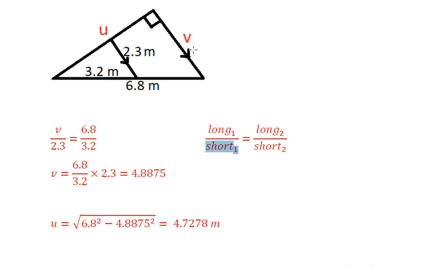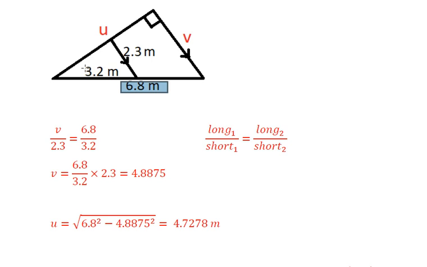Whatever you do to that one, this one here could be doubled to get that one there, as long as you're doubling everything else as well. So what we're saying is the relationship between the long and the short is exactly the same as the relationship between the long and the short of the second two sides. So the relationship between this 3.2, whatever it is, like almost half or whatever, and the 6.8. Remember, it's not drawn completely to scale.